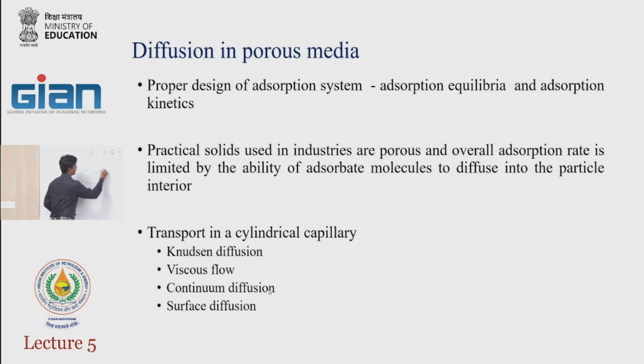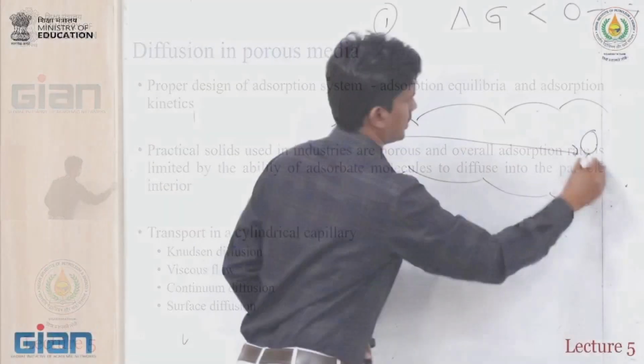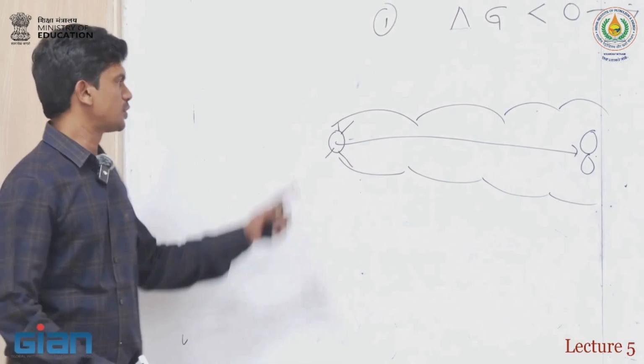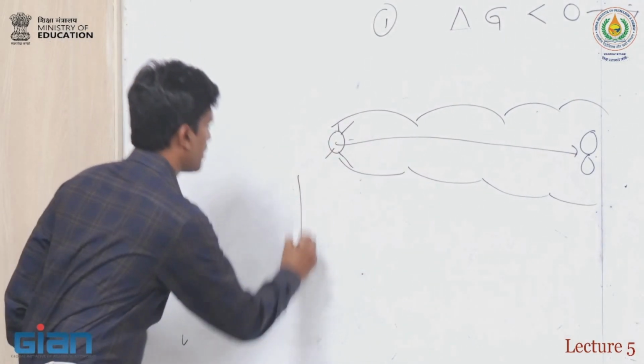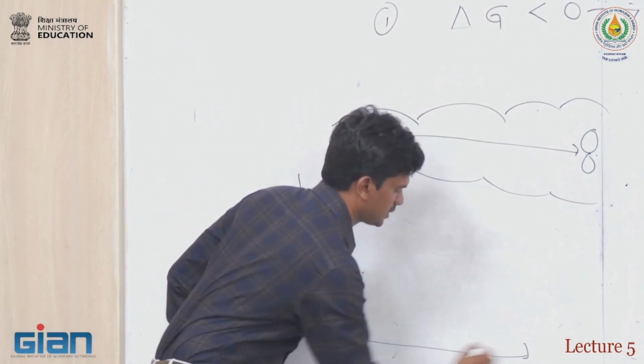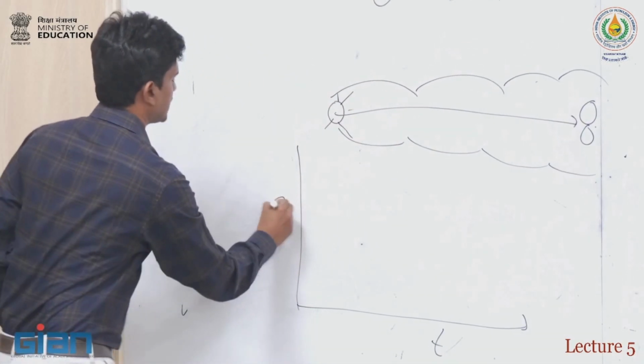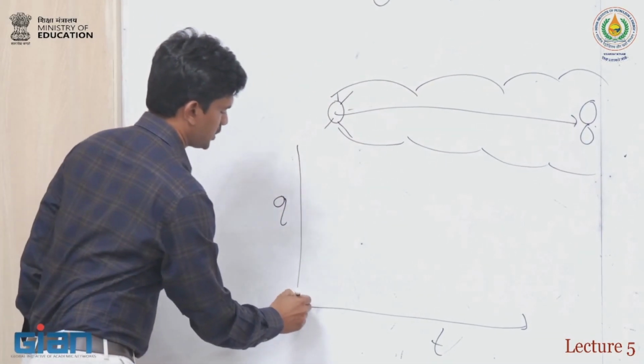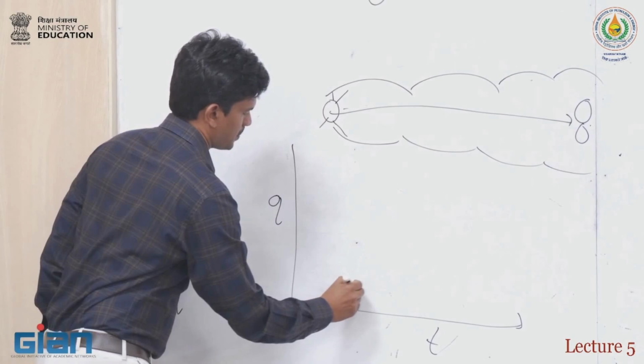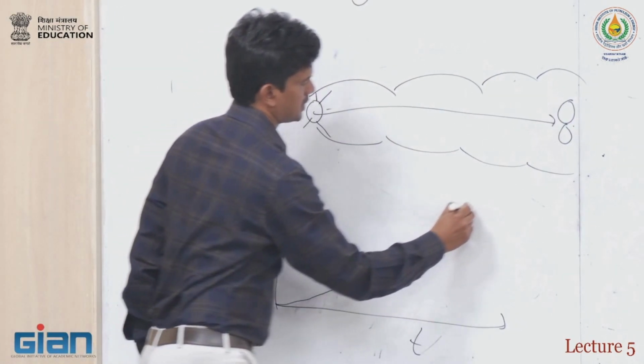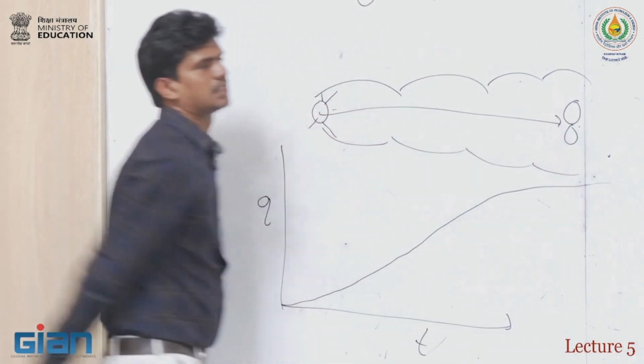As we discussed, whenever we have a pore structure like this, if the molecule is diffusing pretty slowly, then it will take a long time to reach the end of it, right? So it happens slowly. Then when you try to get time versus adsorption data, it happens very slowly, like that.